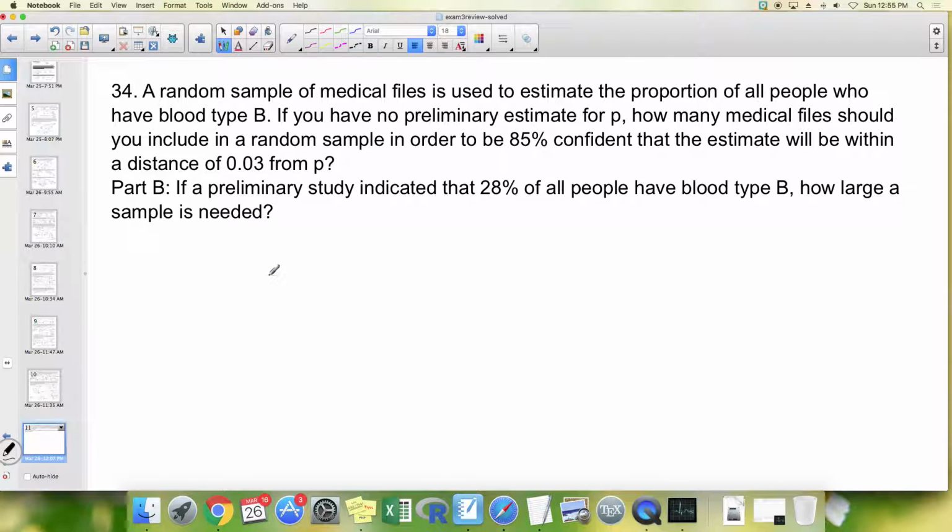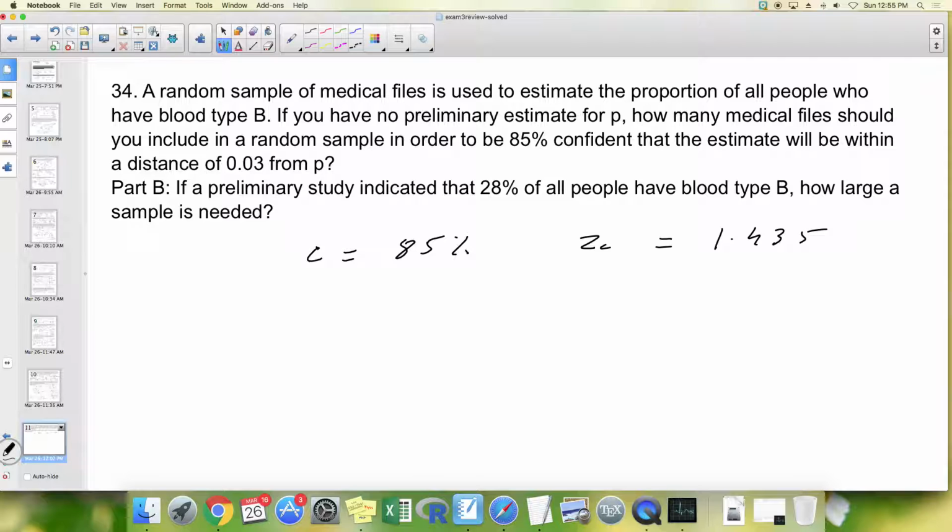Next problem. Same kind of thing. Let's do it. By the way, you can find here c equals 85%. That means zc is 1.435. How did we get this?